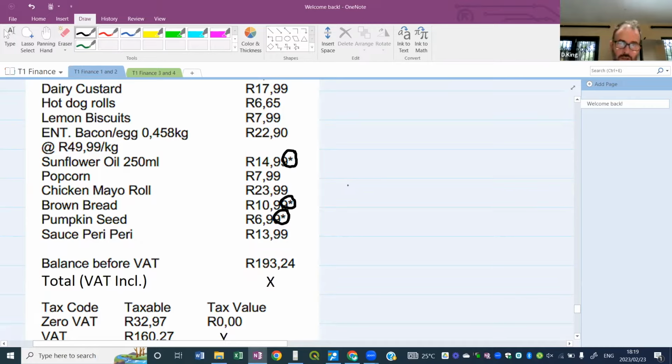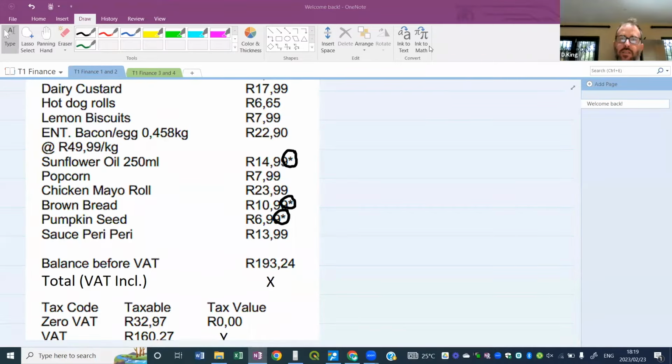Peri-peri sauce is not zero VAT rated. Although I would love to have cheaper zero VAT rated items, and they show you which one is which.